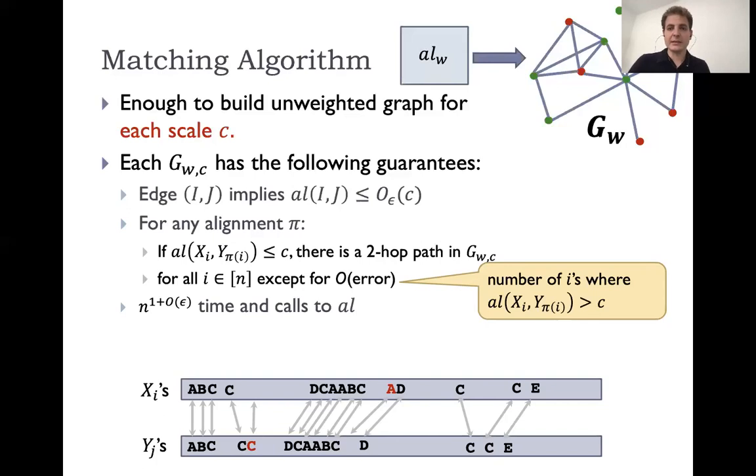And the final graph G_W will simply be a union of all the G_W,C graphs. So these are the guarantees for the G_W,C graphs, and G_W will be the union of them.